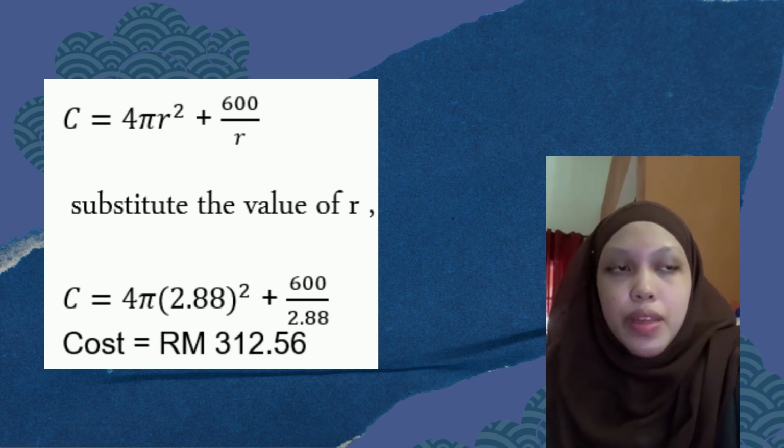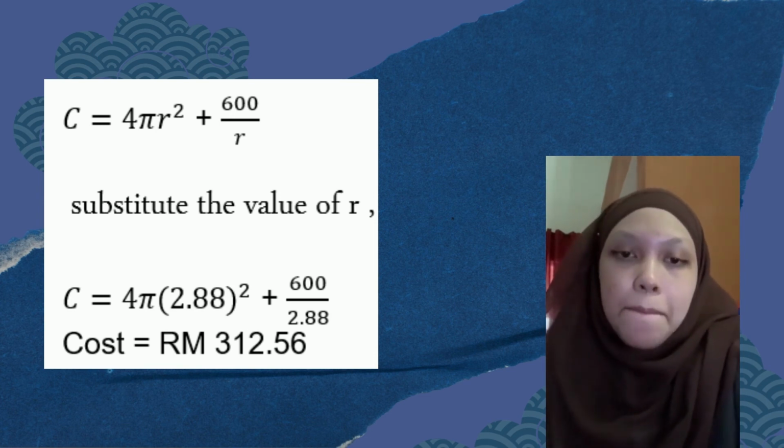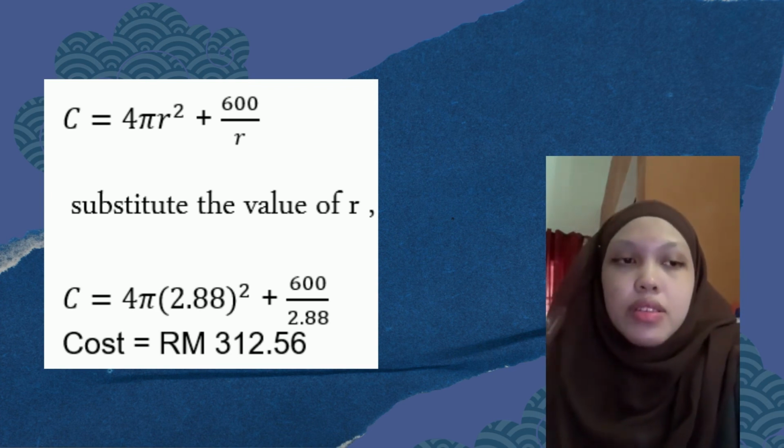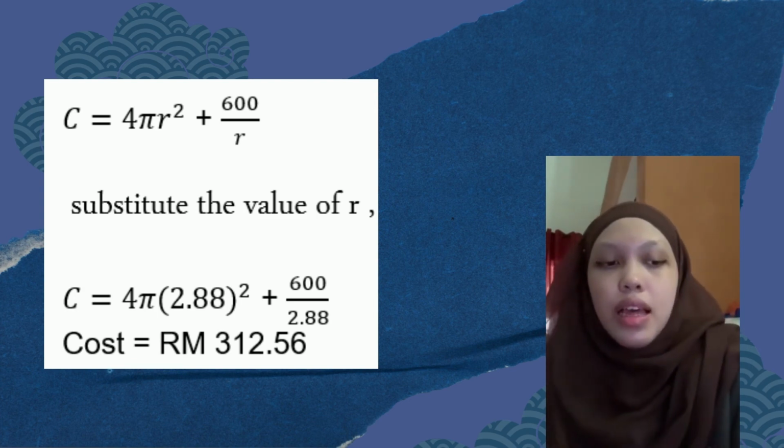So it will be 4 pi times 2.88 squared plus 600 per 2.88. So for the cost, we get 312 ringgit and 56 cents. That's it, the last answer.